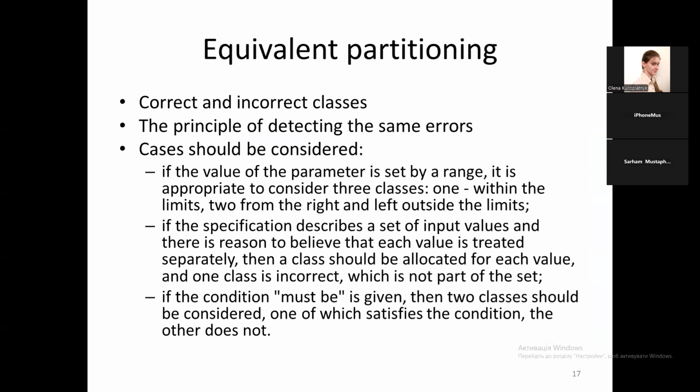In this method, when we have a lot of variants of input values for our data, and we can't carry out testing with all values of this data, we need to separate all values and create some classes. These classes are called correct and incorrect classes.